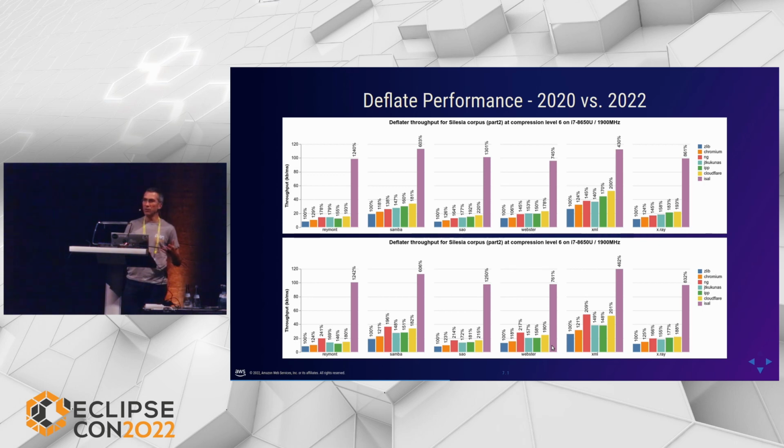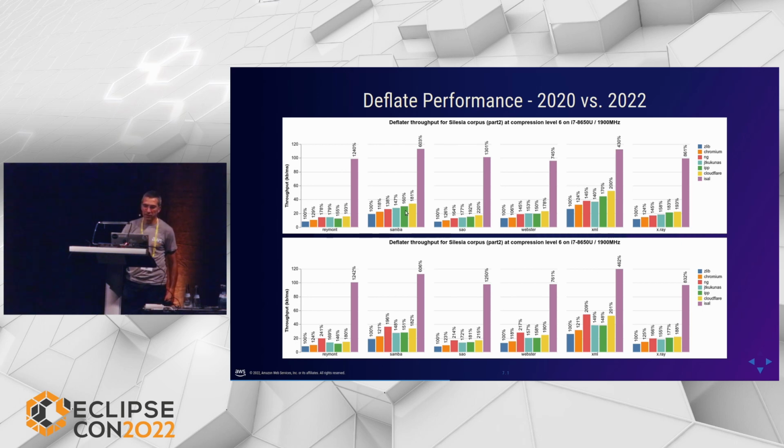So you can basically use this new implementation as a drop-in replacement, and we will see in a few seconds how you can actually do this. And these 2 graphs, the first one is from 2020 and the second one from 2022, and you see that even in these last 2 years, a lot of development happened. For example, the red one, which is the zlib NG, got a lot faster in the last 2 years.